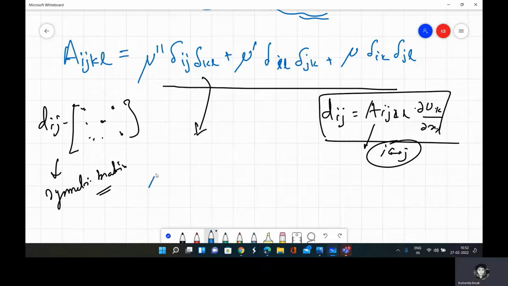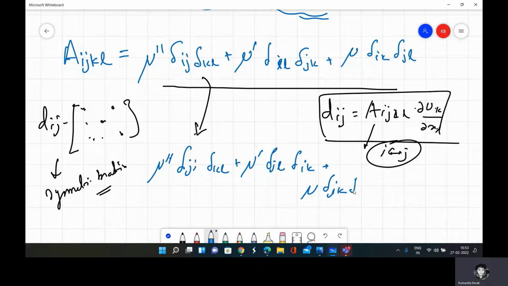You will get mu double prime, sorry, I am really very sorry for that. It has to be ji kl plus mu dash jl ik plus mu jk il.